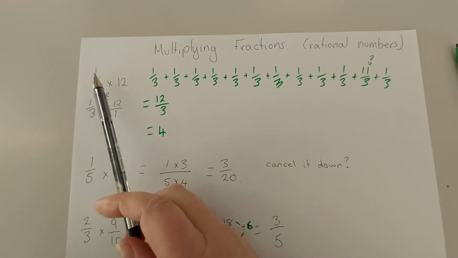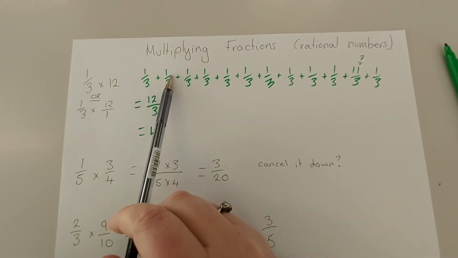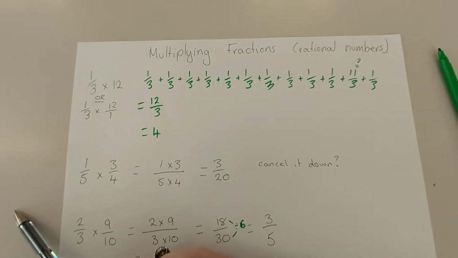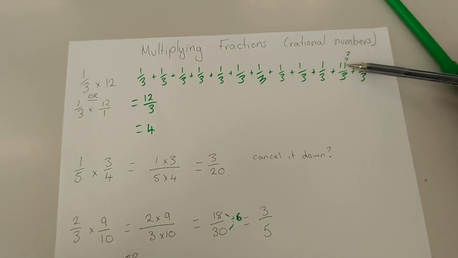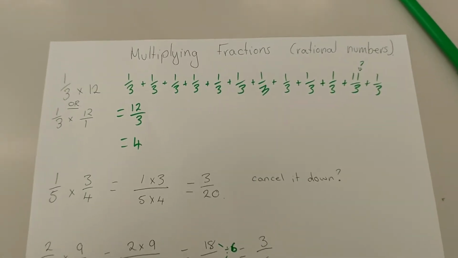So if I'm looking at 1/3 times 12, I've got 12 lots of 1/3 here that I'm adding together. Apart from this one where I was rushing right at the end and I've made 11 of 3. What a potato.